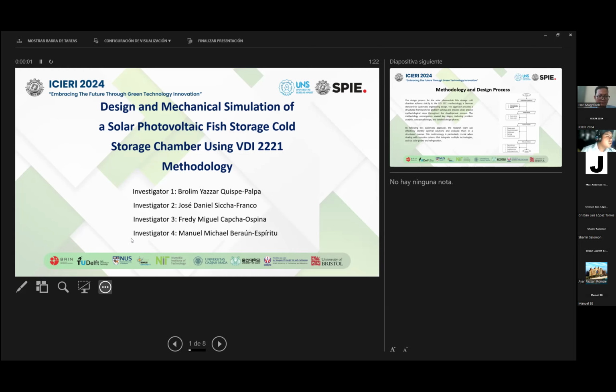Methodology and design process. The design process for the solar photovoltaic fish storage cold chamber adheres strictly to the VDI 2221 methodology, a German standard for systematic engineering design. This approach provides a structured framework for problem solving.